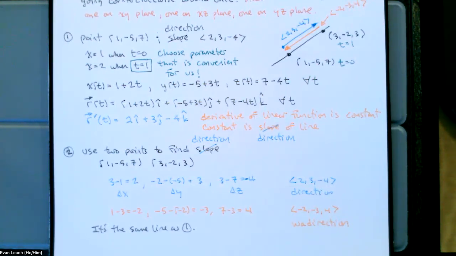So good news. We have an uncountable infinity of choices in how to parameterize this line. Bad news. We have an uncountable infinity of ways to parameterize this line. And that means we have to pick one.